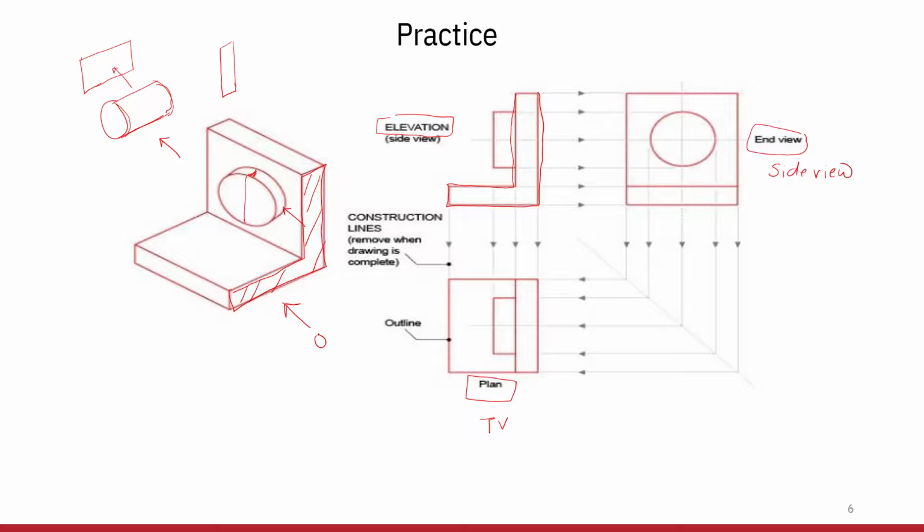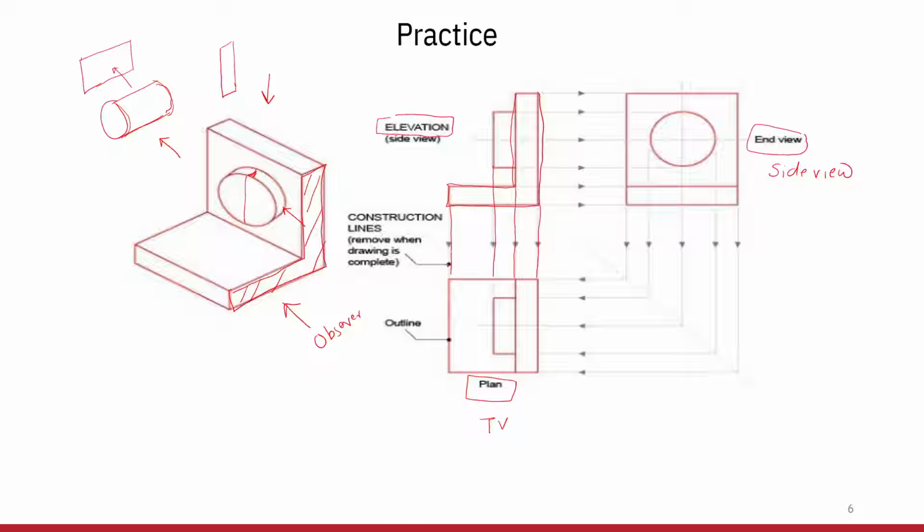Now, if this is the observer direction to get the front view, then in this direction the observer will be able to get the top view. For getting the top view, we will have to take the projections, because if we take the projections it becomes easier for us to complete the diagram in the other views.